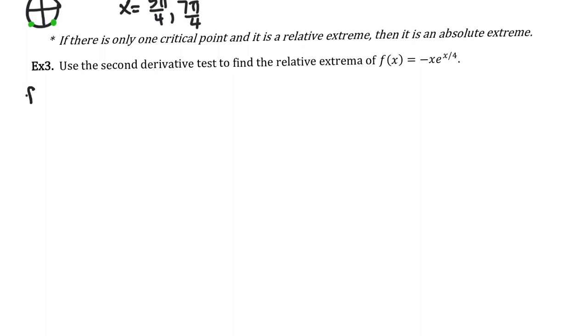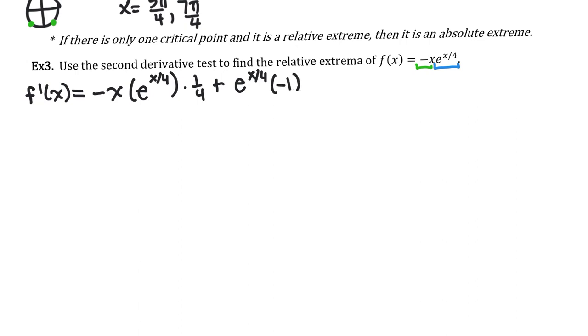So let's do the first derivative first. Okay, this is product rule. I'm going to make that my first, that my second function. The derivative of e to the x over 4 is e to the x over 4 times the derivative of x over 4, which is 1/4, times the second, times the derivative of negative x, negative 1.